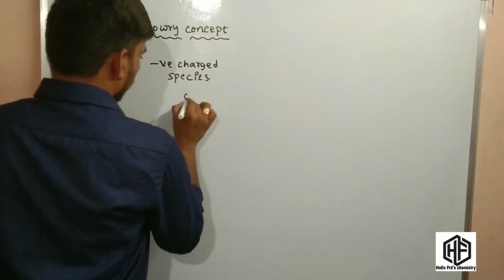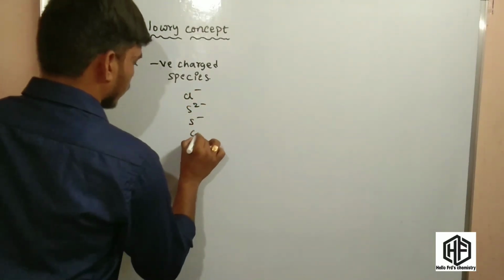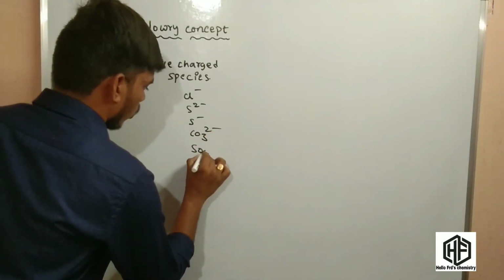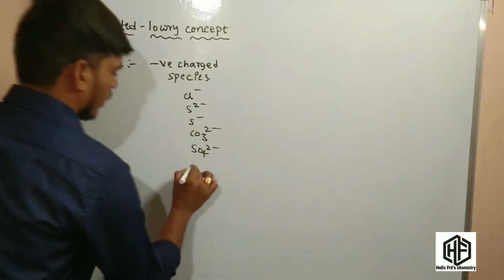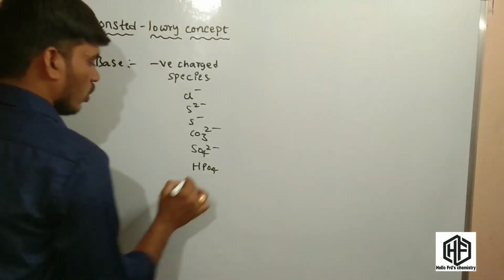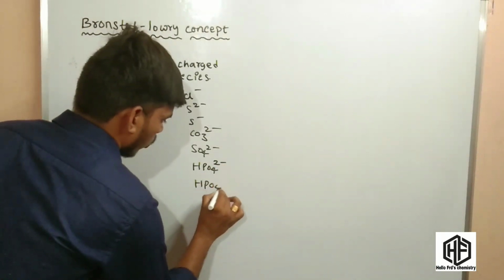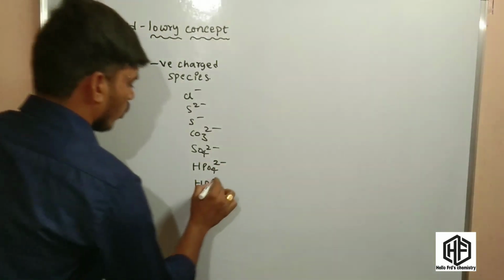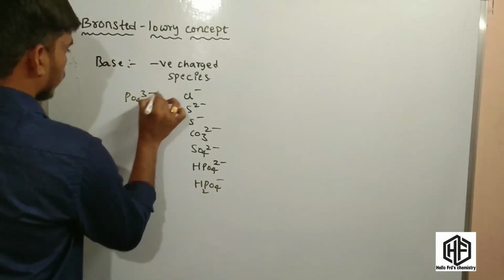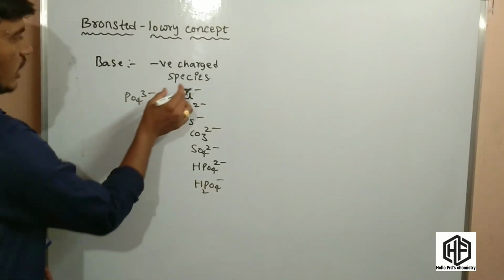For example, Cl minus, S2 minus, CO3 2 minus, SO4 2 minus, HPO4 2 minus, H2PO4 minus and PO4 3 minus. These are examples of negative charged species.